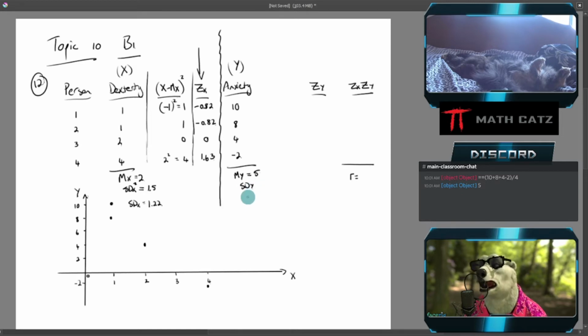Then, of course, in order to get the standard deviation, we're going to have to go through the variance. And for that, I'm going to look at the deviation from the mean. For the first one, it would be 10 minus 5, so that'll be 5. Then I'm going to square it for a 25.